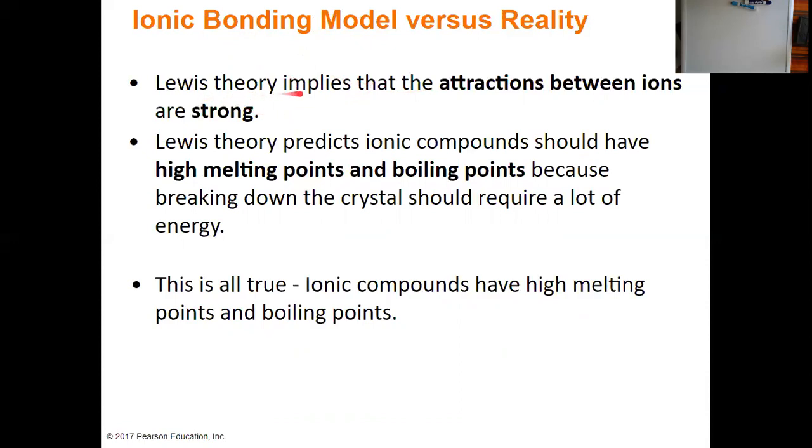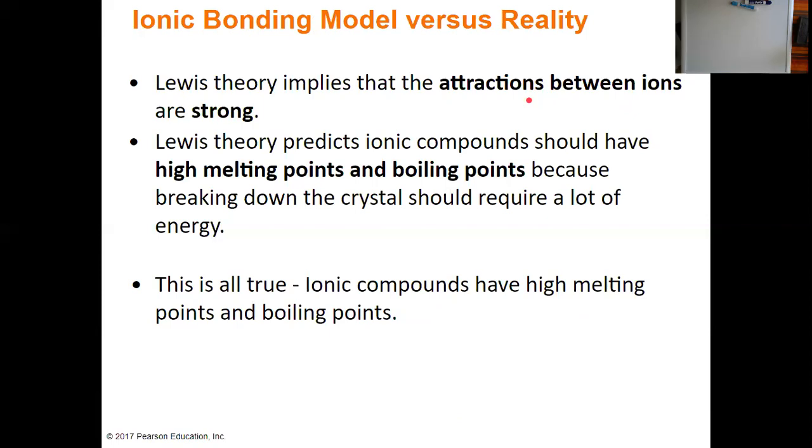The first thing is that the theory implies that when you have very strong attractions between ions, it should be hard to separate them, right? Because when you have two things that are attracted to one another, like a positive and a negative pole, it takes a lot of effort to pull them apart.